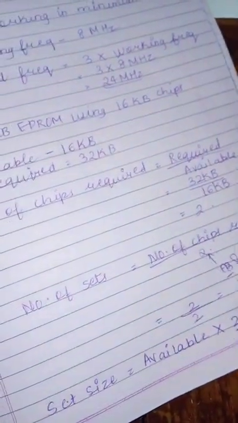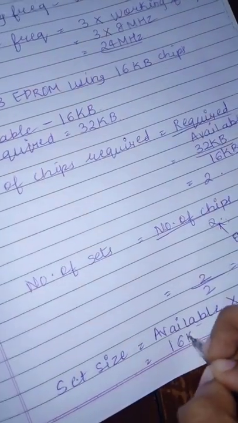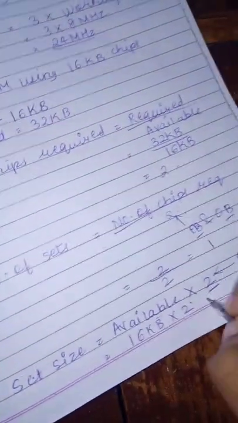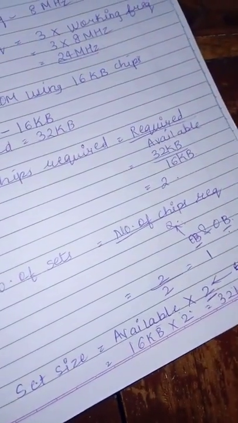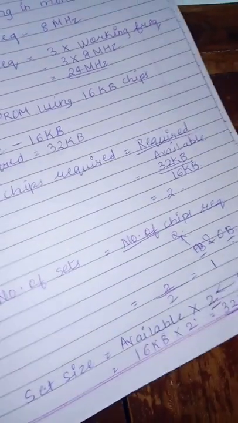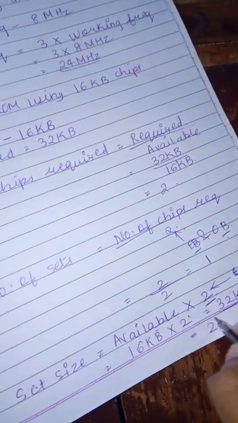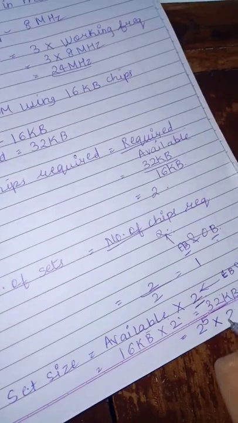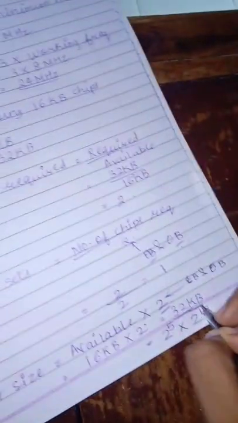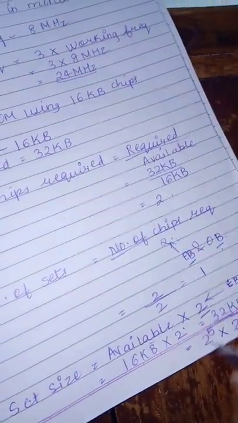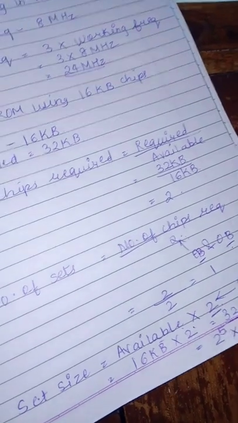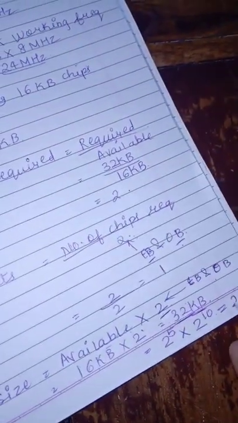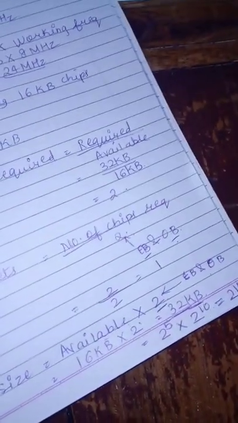Always multiply the available by 2. So available is 16 KB into 2, which will give me 32 KB. 32 KB can be represented as 2 raised to 5 into 2 raised to 10 for KB. For KB 2 raised to 10 and 32 is 2 raised to 5, which will give me 2 raised to 15.